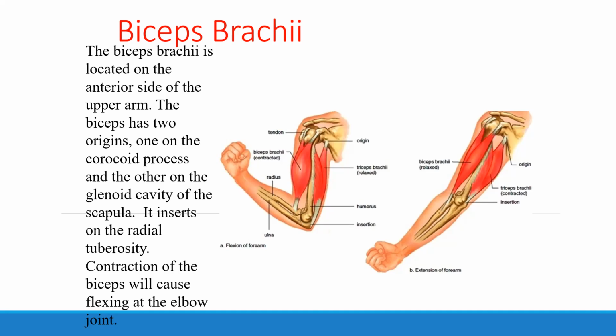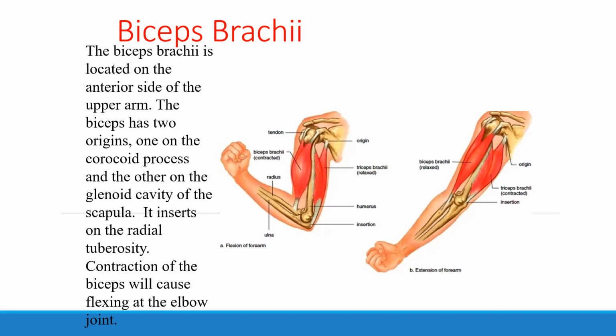If you were to take your arm and stick it straight out with your fingers pointed outward, and then bend your arm so that your fingers come up and touch your shoulder, you've just flexed your arm. The reason you can do that is because the biceps brachii has contracted and pulled on the radial tuberosity, pulling the radius backwards.